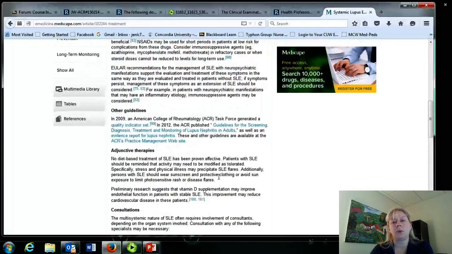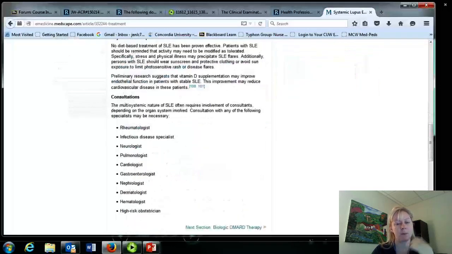Okay, so when someone has lupus, this is when it becomes a multidisciplinary team, because if they have multiple systems involved, then you need to use many of these. Not all of these for every patient, but you'll just have to say, well, maybe we need to consult with the nephrologist because they're having some kidney issues, or a GI doctor, because many patients with lupus have GI issues.